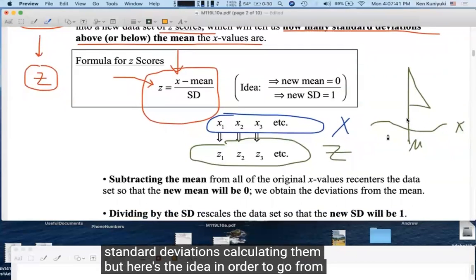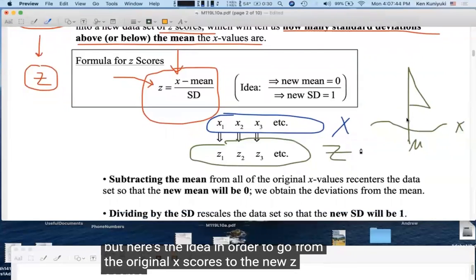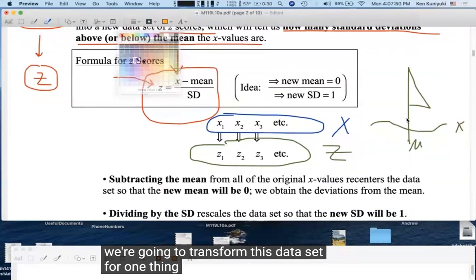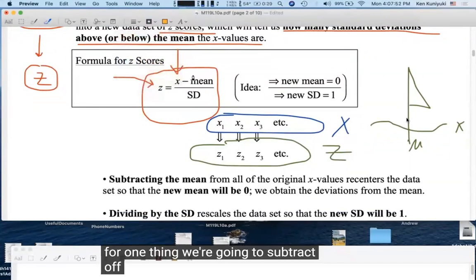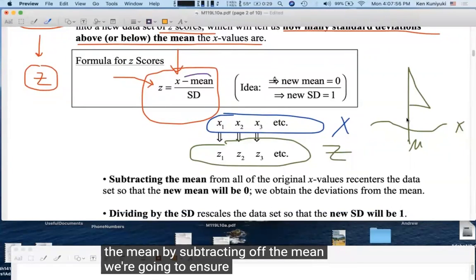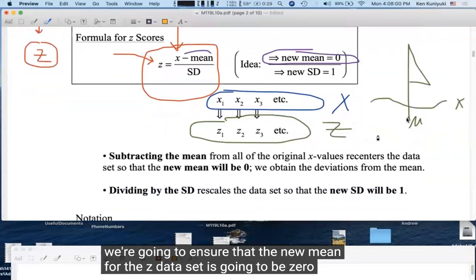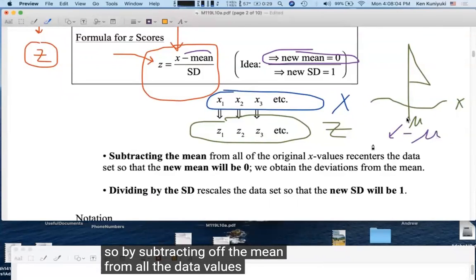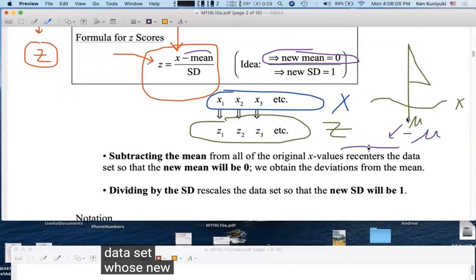In order to go from the original X scores to the new Z scores, we're going to transform this data set. For one thing, we're going to subtract off the mean. By subtracting off the mean, we're going to ensure that the new mean for the Z data set is going to be 0. So by subtracting off the mean from all the data values, we get a new data set whose new flag is at 0.